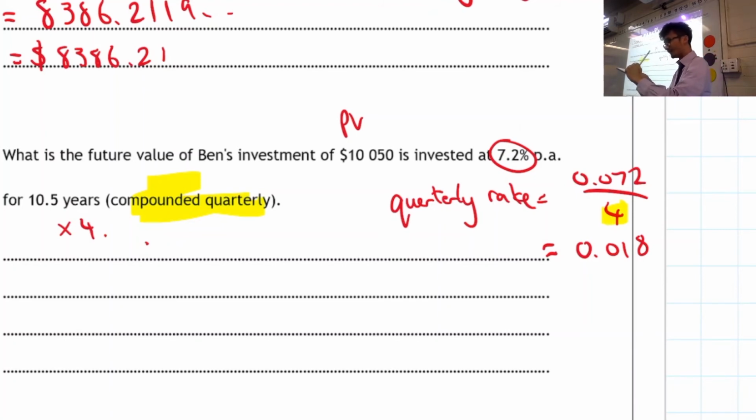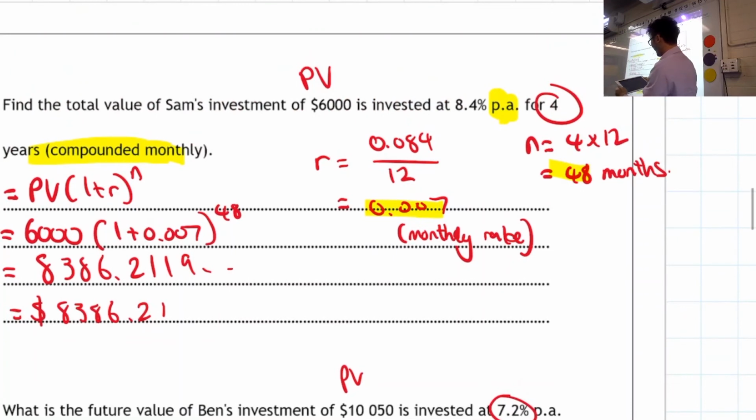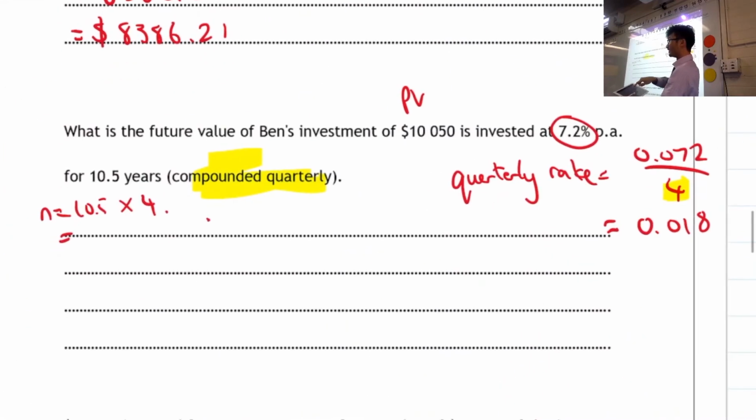So we want the number of periods now. You times the years by 4. Yeah, you multiply. Because if we wanted 4 years in terms of months, I have to multiply by 12 to get it in terms of months, right? So the same thing here, you multiply this one by 4, and that same idea. Do you want an answer? Is it 42? 42, okay.